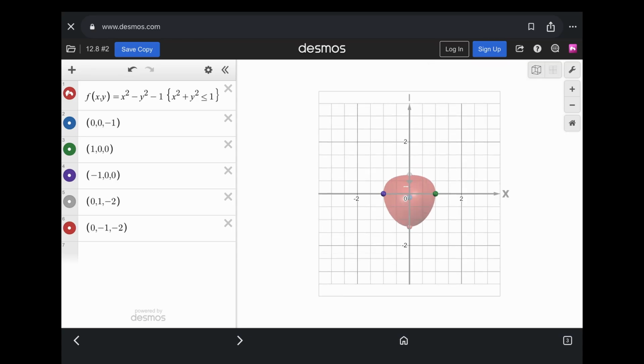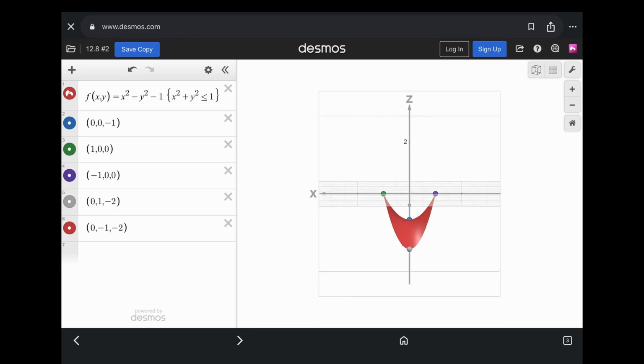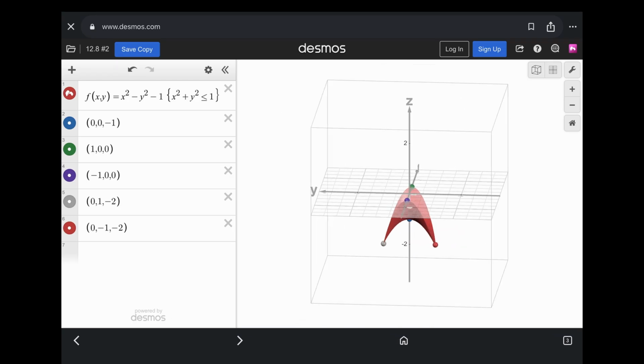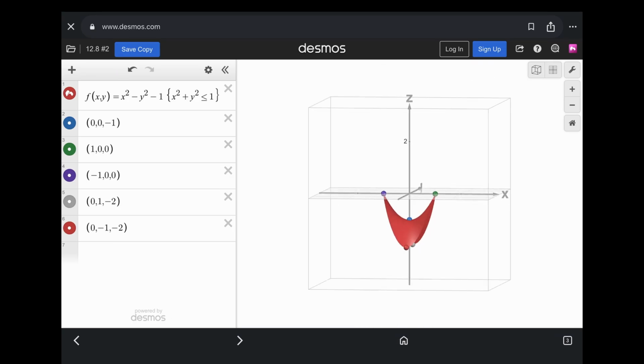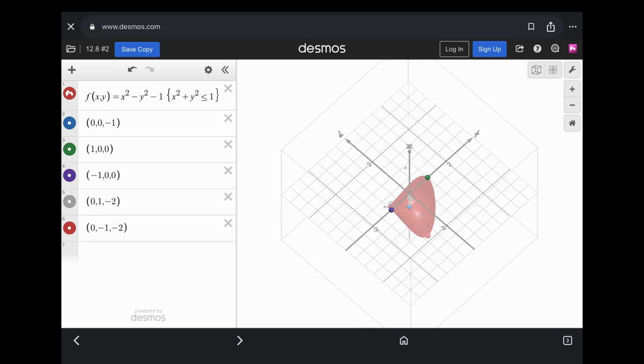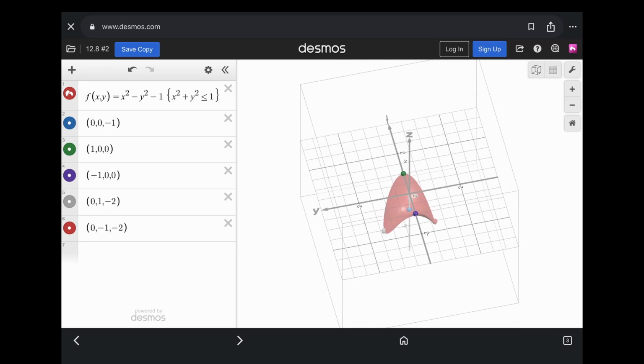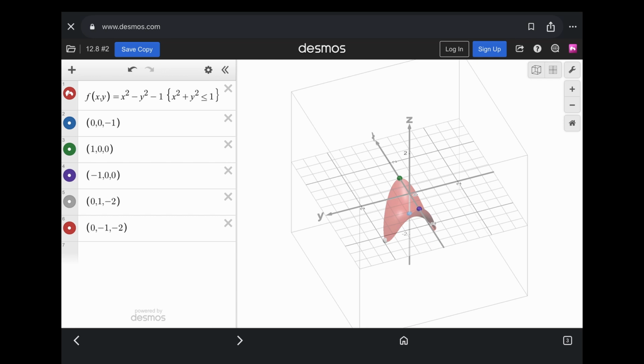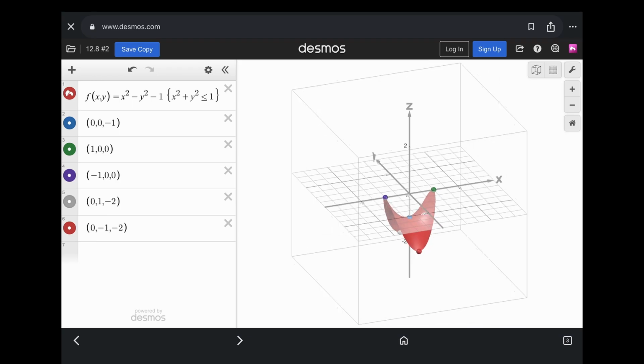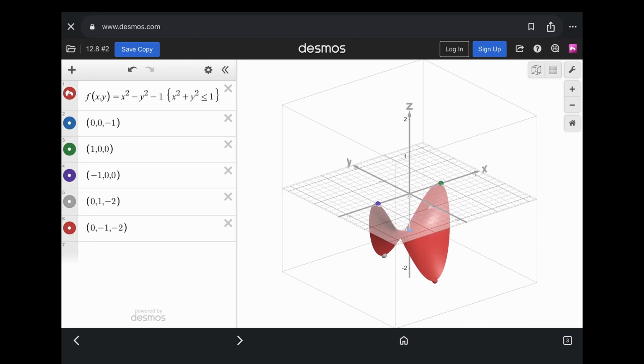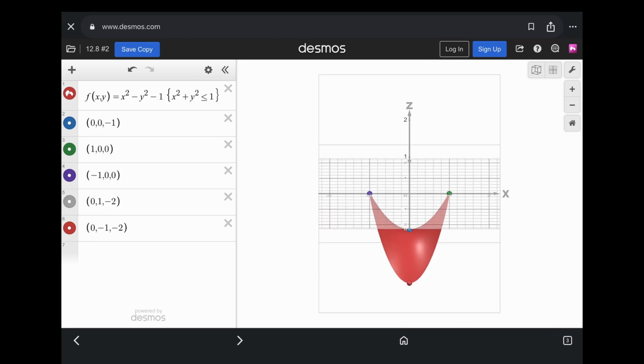And it kind of looks like a Pringle chip, actually, if you cut and slice it a certain way, which is pretty cool. I think that's actually how the people at Lay's made their Pringle chips. They actually made it off of a hyperboloid, which is, in my opinion, really, really cool. But yeah, looking at this, we have (0, 0, -1) as our saddle point.